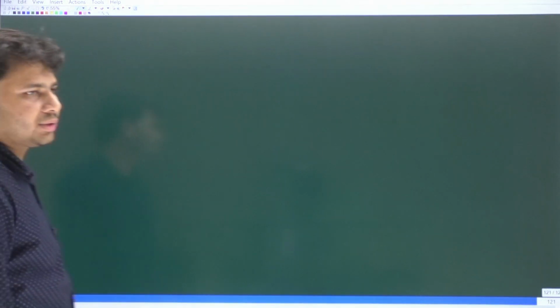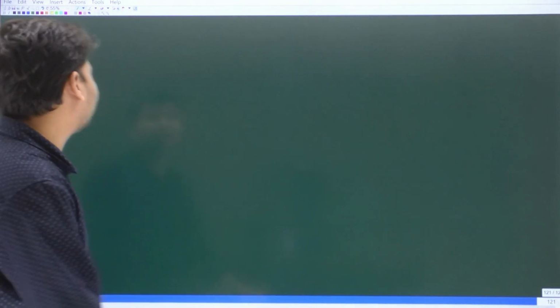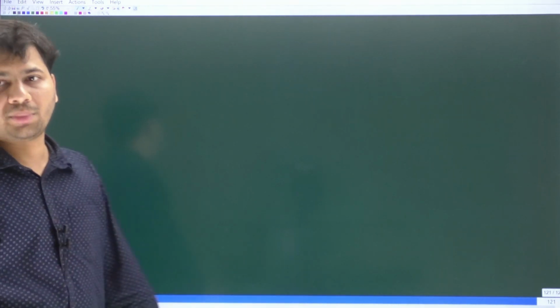Now you can find the RMS value of any periodic function, right? RMS means root mean square.